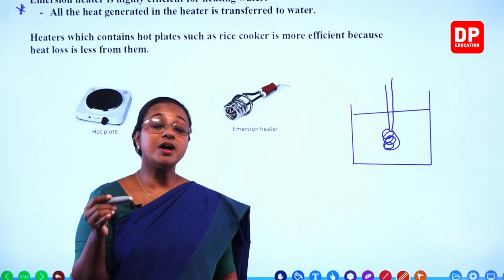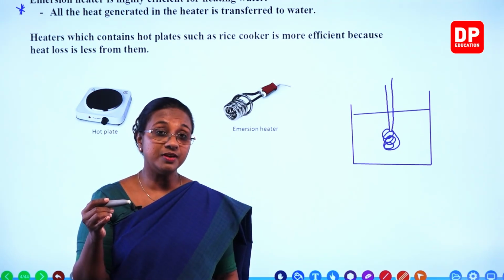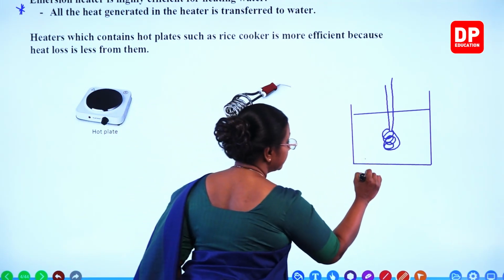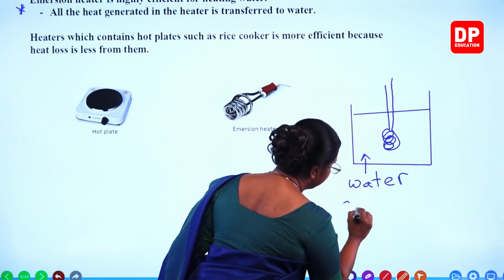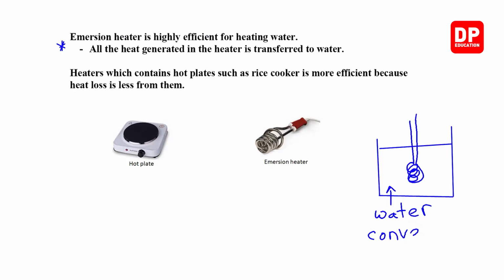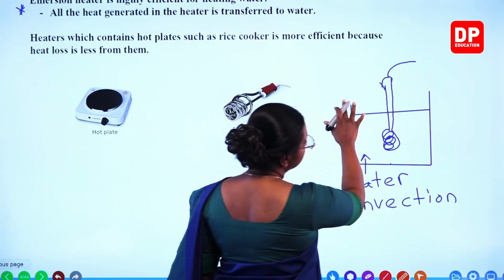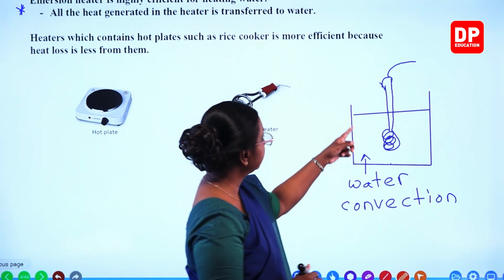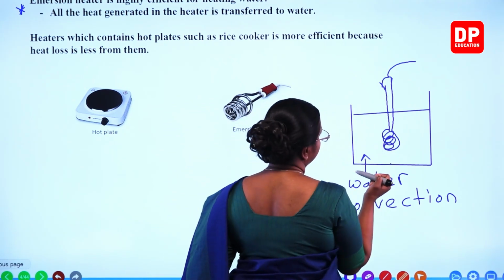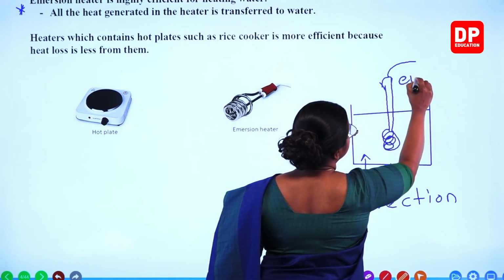How does heat transfer in water? By the process of convection. You are familiar with the concept of convection, the convection current, and that is the heater. This is connected to electricity. Here this is a container vessel containing water, and that's the immersion heater.